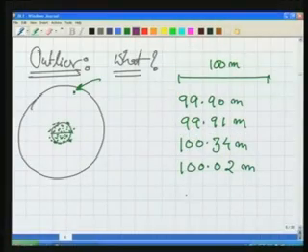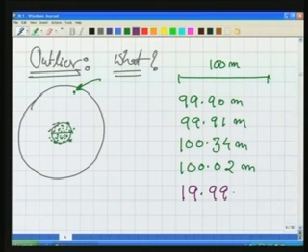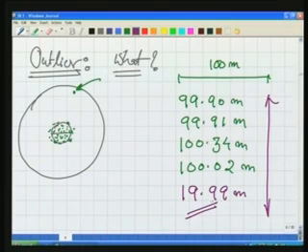If you end up with an observation which is, let us say, 19.99 meter, so what are you doing? Just by looking at your observations, you are able to say that this observation, though it is recorded in your notebook, doesn't belong to this set.